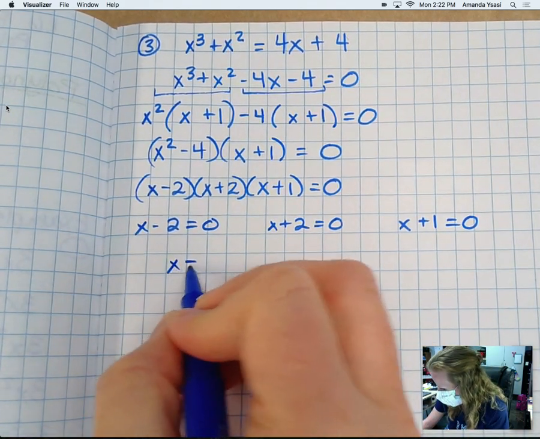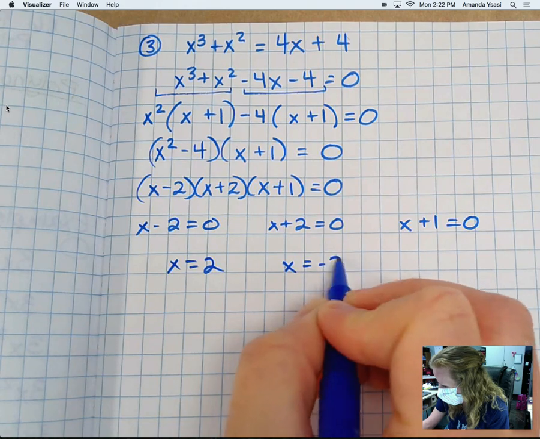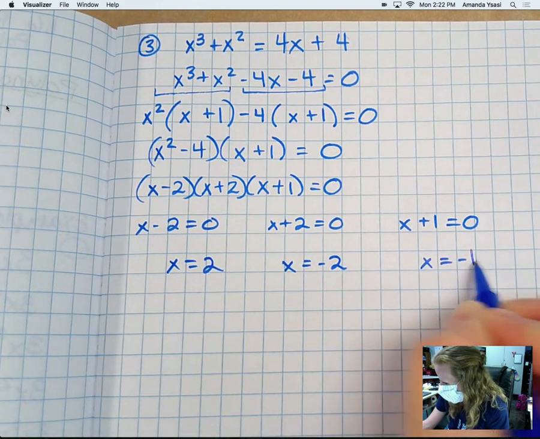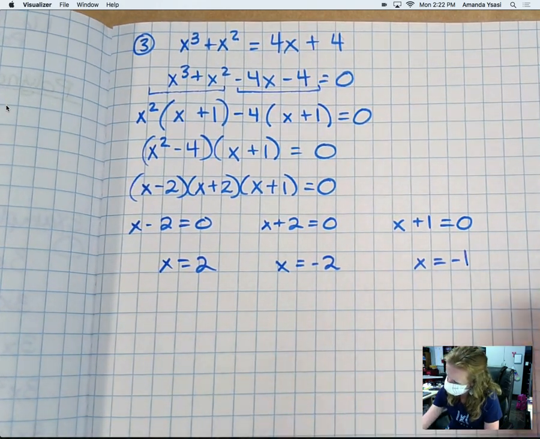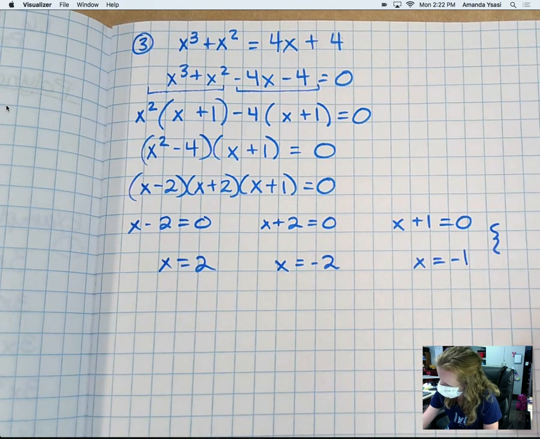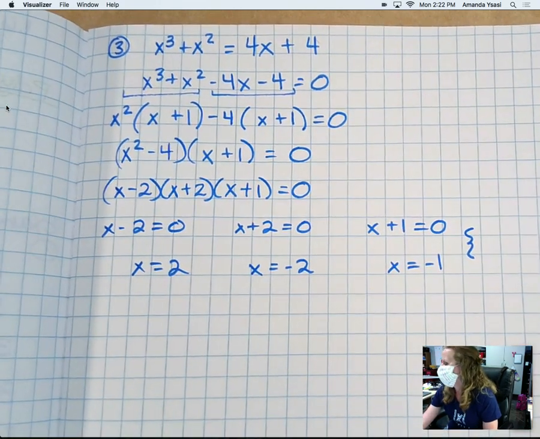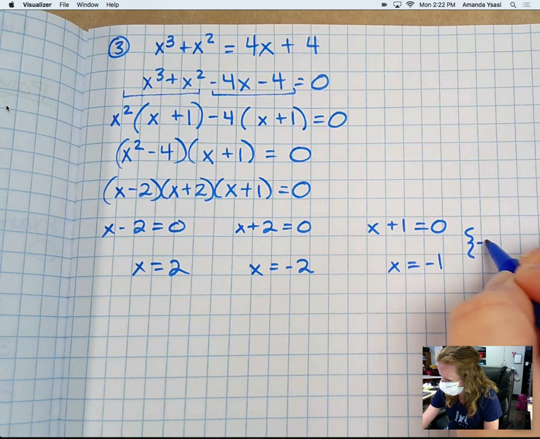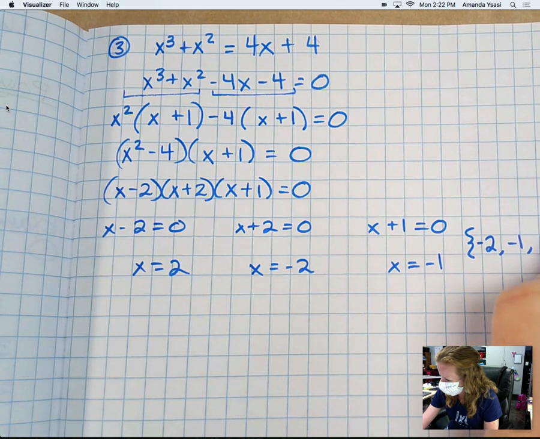And we have x equals 2, x equals negative 2, and x equals negative 1. I'm going to list still from least to greatest. So negative 2, negative 1, and 2.